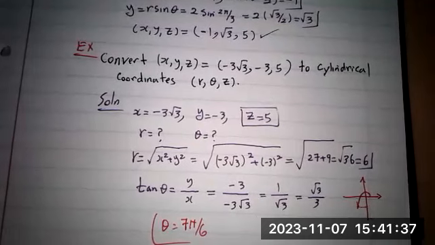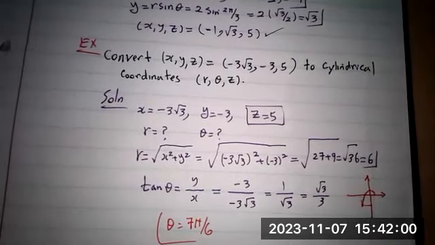So you have to pick the correct one, because you can have 30 degrees or you can have 210. But you have to find the location of your point, and the location of your point is here, so the angle must be 210. Any question?